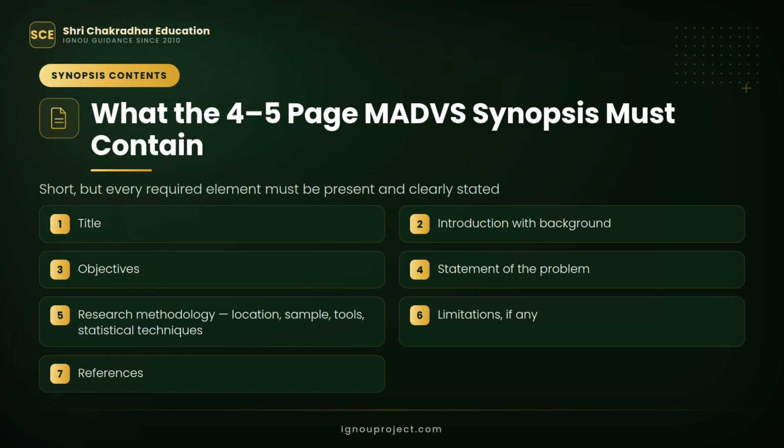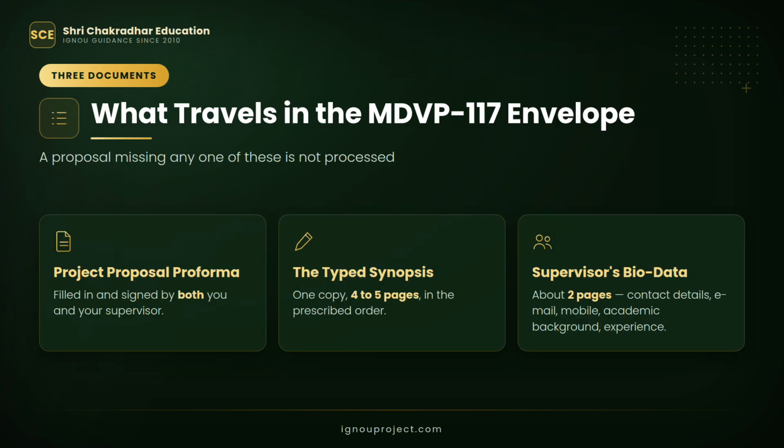A clear statement of the problem. The research methodology, and here the school wants detail: the location, the sample, the data collection tools, and the statistical techniques you will use. Your limitations, if any. And your references.